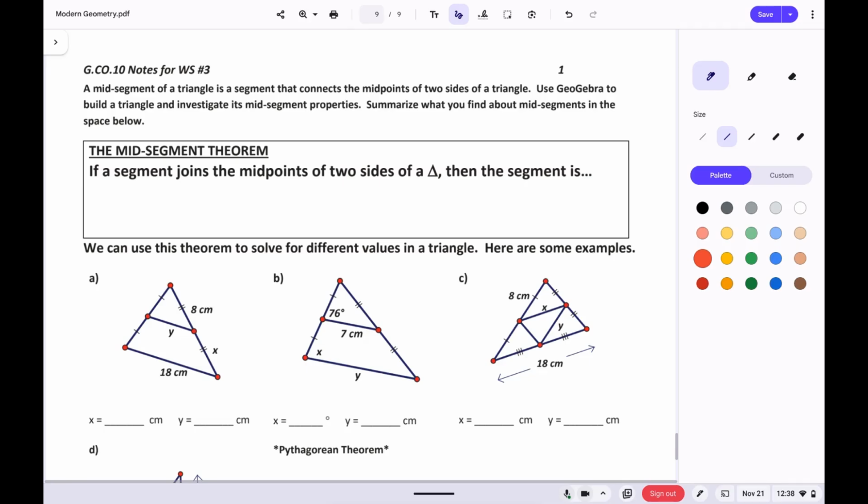It says here, if a segment joins the midpoints of two sides of a triangle, then the segment is, and I want us to add that it would be parallel to one side and half of its measure.